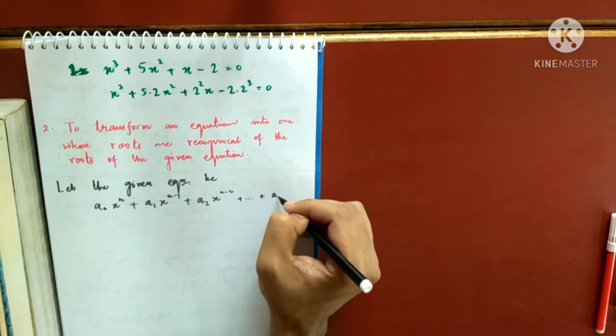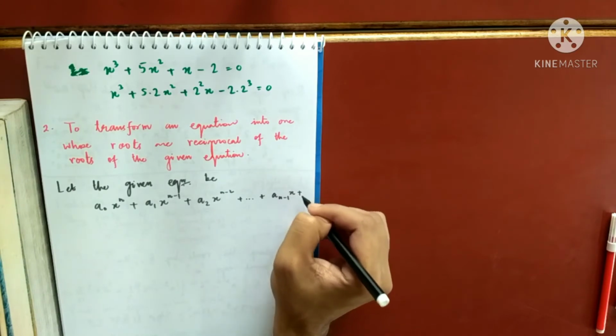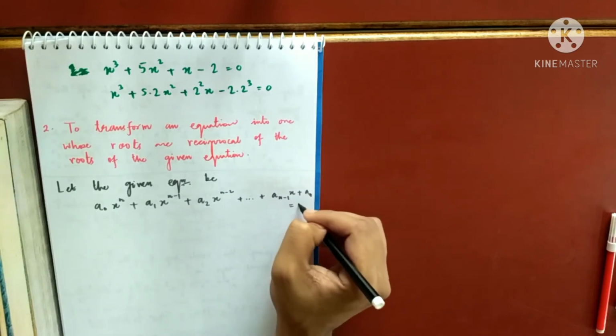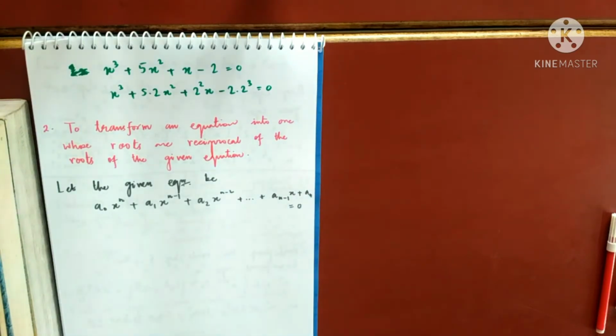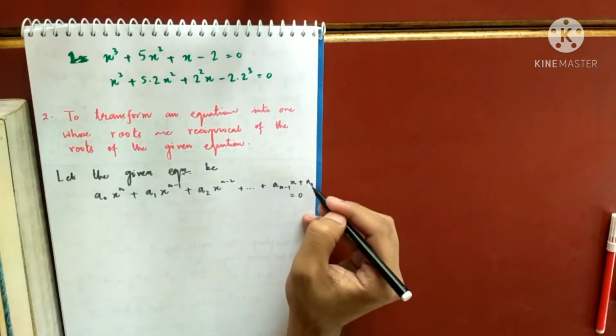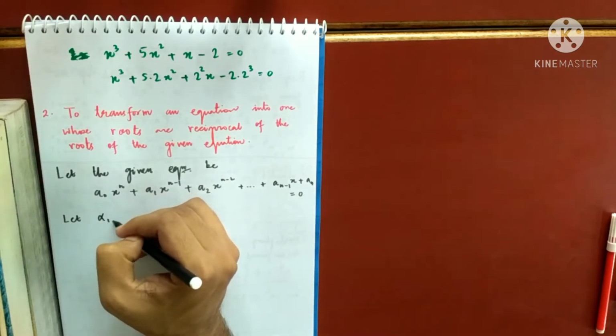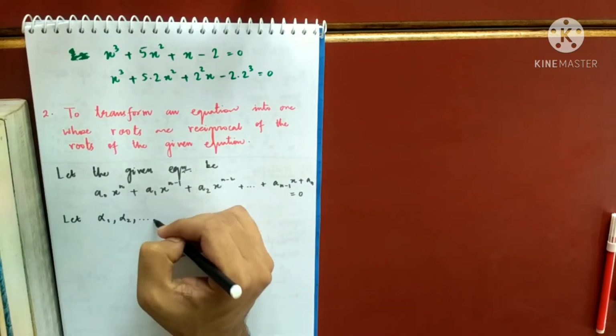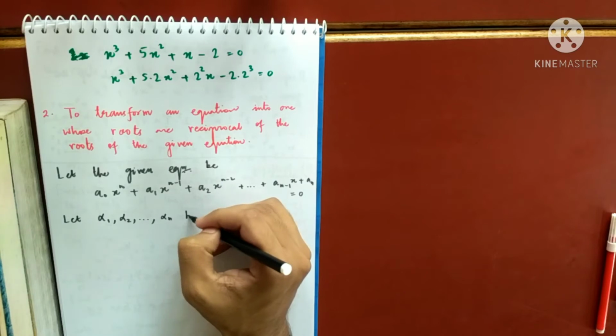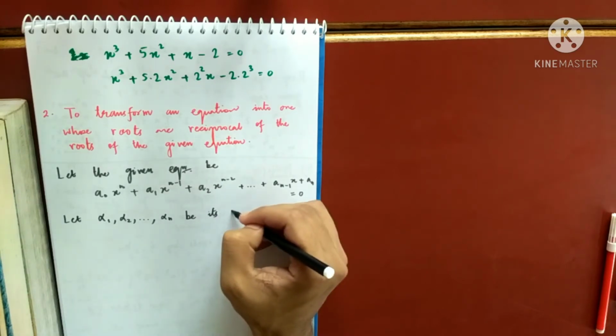The second last term is a n minus 1 x plus last term is a n equals to 0. So suppose this is the given equation. Last term is a n, okay? And let alpha 1, alpha 2, dot, dot, dot, alpha n be its roots.